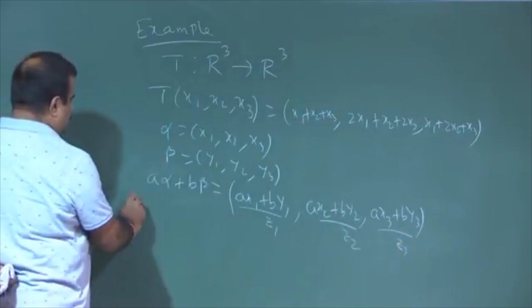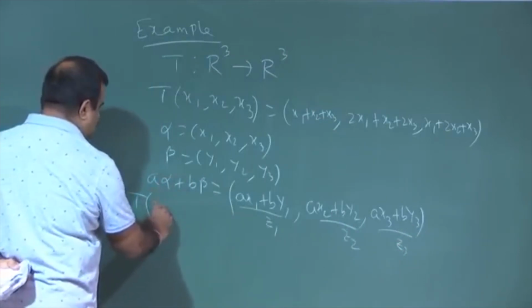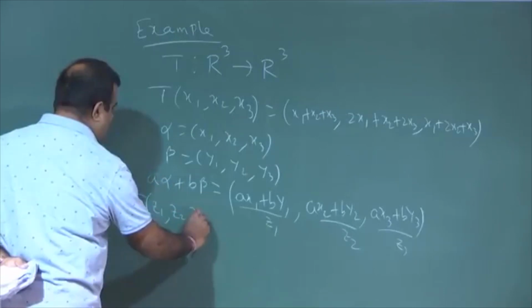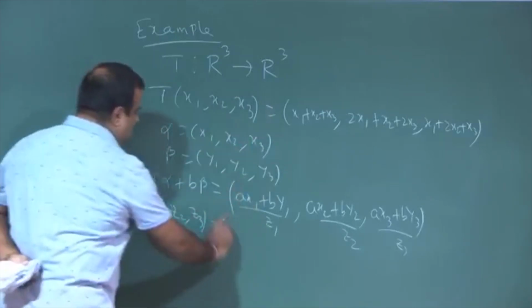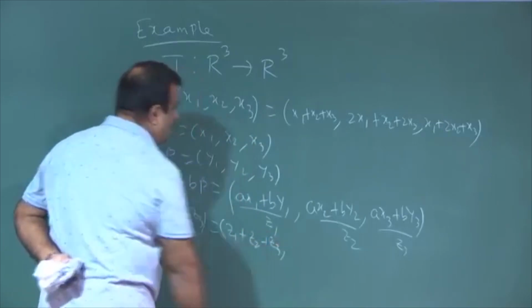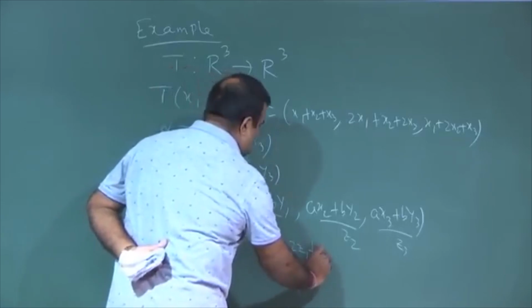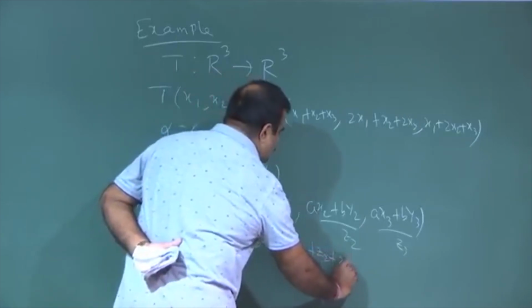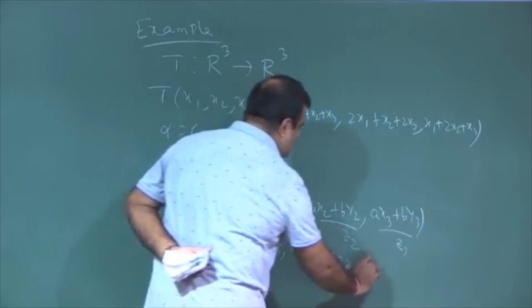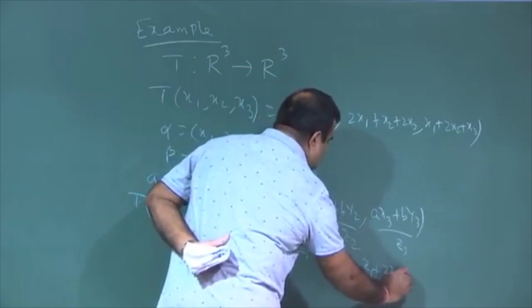Then, if we apply the transformation T on this, by definition this is z1 plus z2 plus z3, comma 2 z1 plus z2 plus 2 z3, comma z1 plus 2 z2 plus z3.